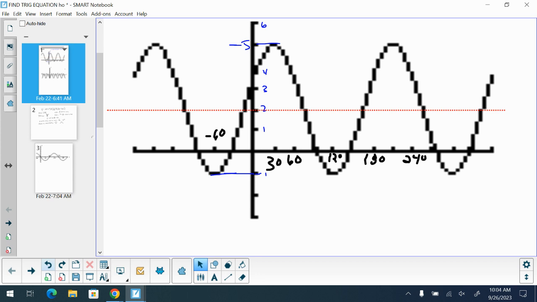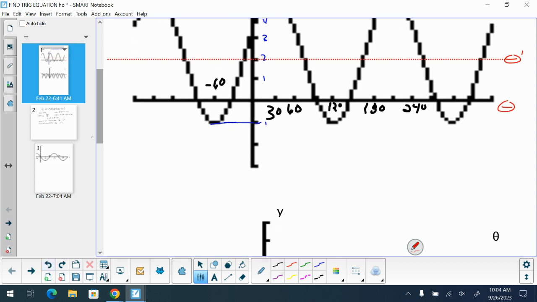So we can draw in our prime axis at a value of 2, which tells me I have amplitude, period, vertical phase shift, horizontal phase shift. The prime axis is our what? Vertical phase shift.